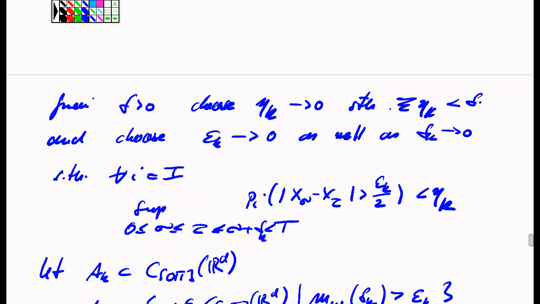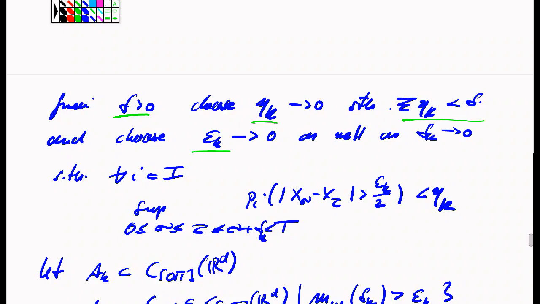And now we want to apply this rationale in order to convince ourselves that in fact the Prokhorov theorem is satisfied. Namely, given delta positive, we choose a sequence eta k of numbers which converge to zero fast enough such that the sum of the eta k's is still below delta.